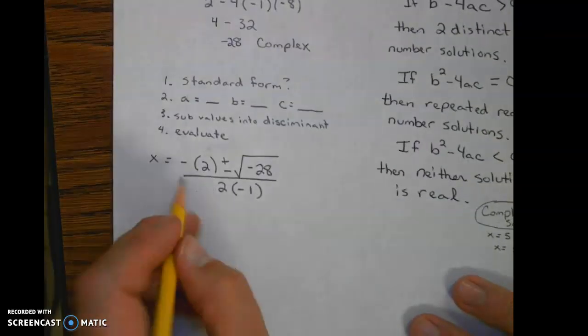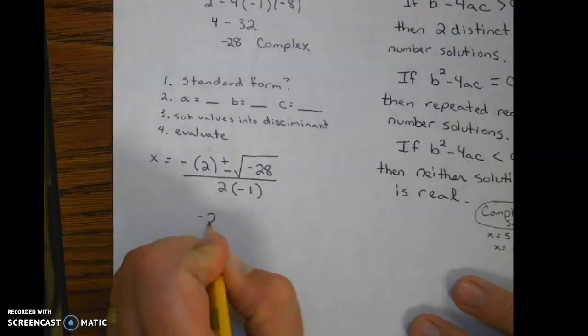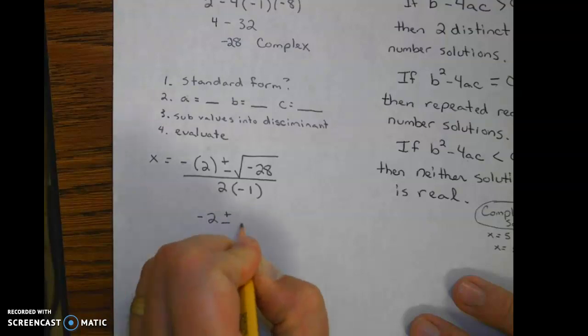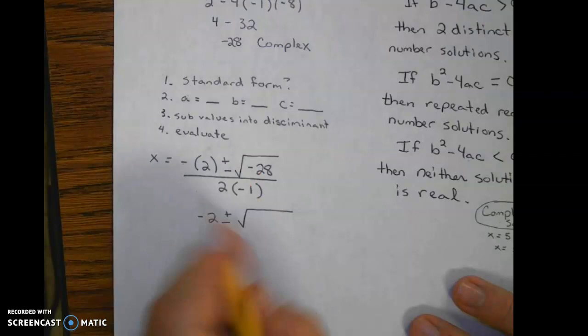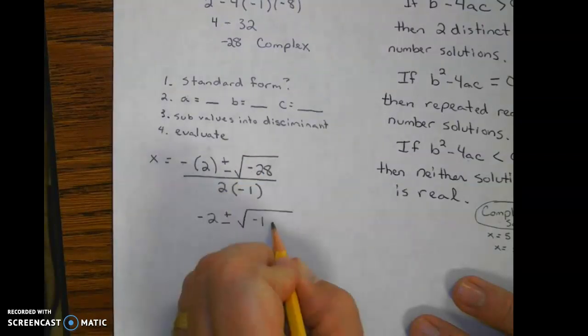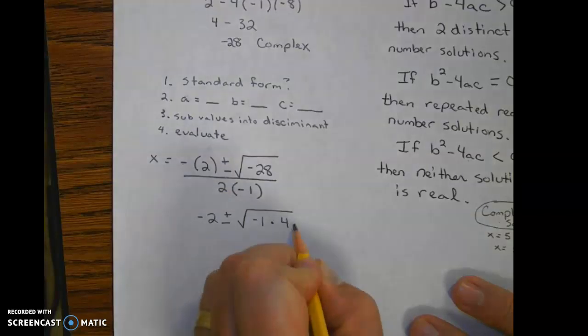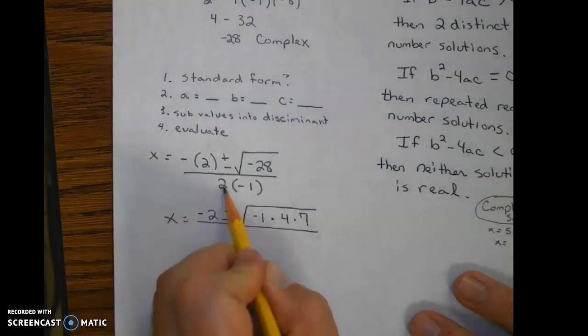Okay, continuing on, we have -1 times 2, which is -2, plus or minus. We need to simplify this radical, so we're going to have -1 for that negative times 4 times 7. And that's going to be over -2.